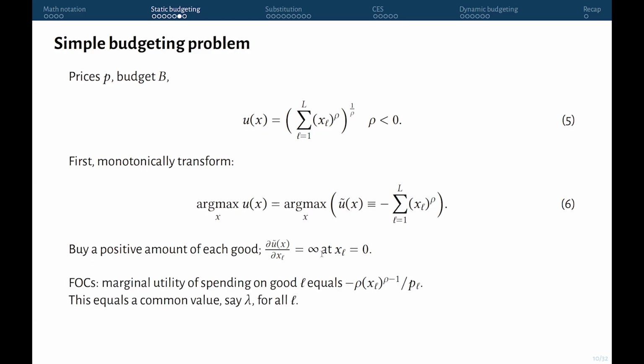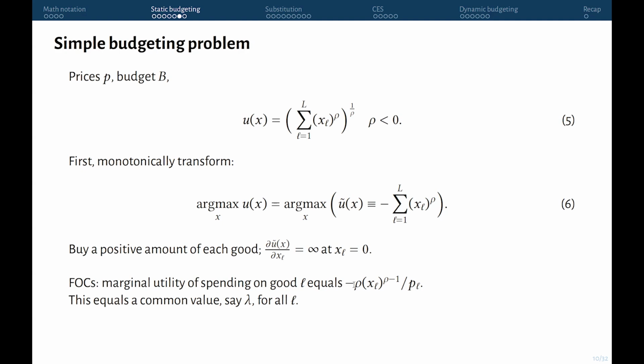So we're only going to have to think about the first of our first order conditions. What has to obtain when you're buying a positive amount of each good is that the marginal utility of spending on each good is equal.